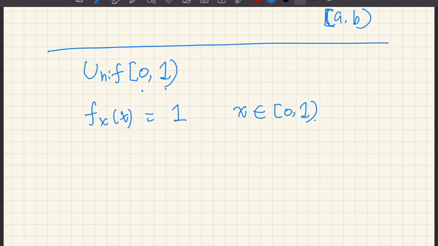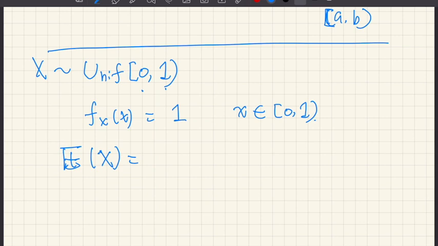Okay, let's calculate the expectation value of this random variable. So according to the definition, we write like this: x follows the uniform distribution.